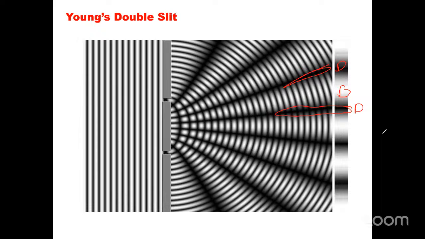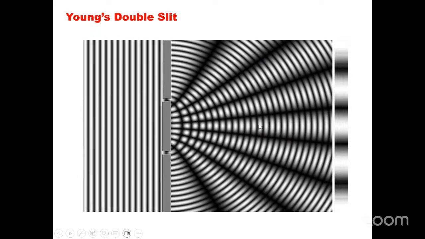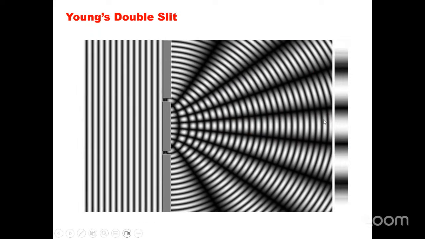Getting my point? Bright, and here which is dark. Getting? Observe. So you can easily know the concept of this interference, how it is happening. Okay, so this is the case. Young's double slit experiment.